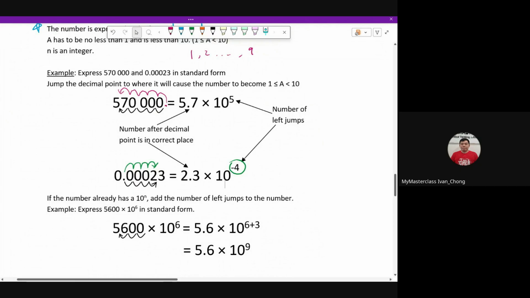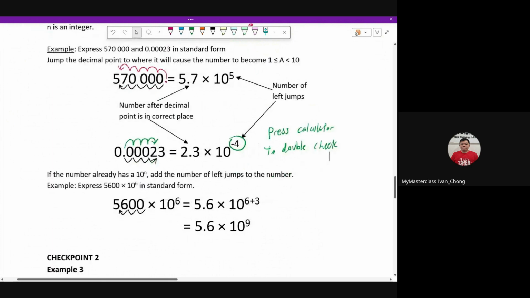How do you check this? Same thing, you press your calculator to check. To double check, because sometimes our brain might not be working well. When we do mental sums, sometimes we make careless mistakes, especially if we keep doing a lot of calculations. Sometimes your brain gets tired. I want to use the calculator to double check as well. Okay?